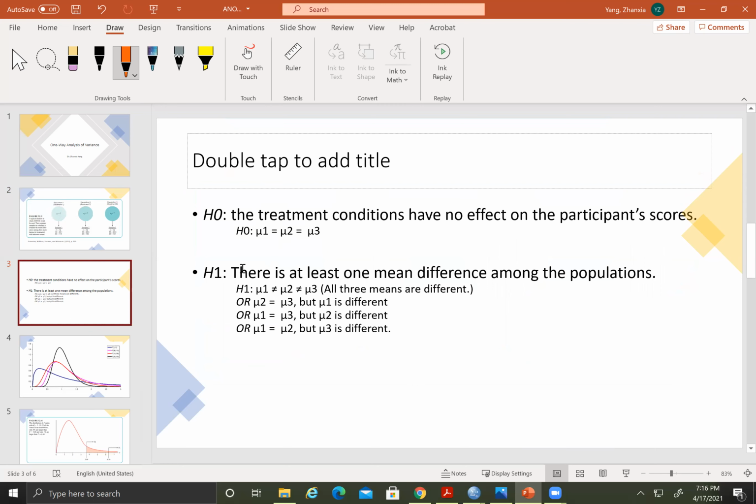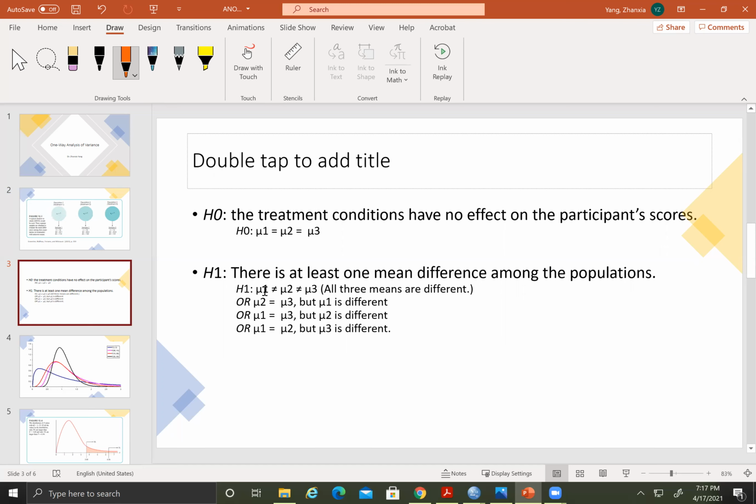Since the alternative hypothesis is mutually exclusive with the null hypothesis, and the null says the means from these three treatments are all the same, the alternative would be that at least one mean is different among the population.